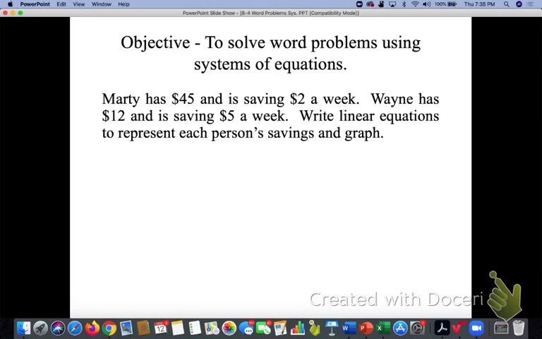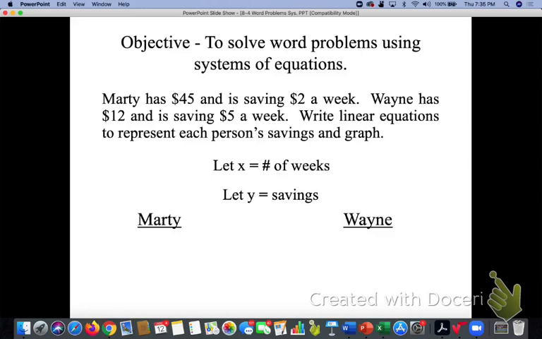So we've got two different equations here. We've got Marty and we have Wayne. And remember, we are going to be writing this in the Y equals mx plus b, or Y equals b plus mx. It doesn't really matter. But really what we're looking for is that savings, because that's what Y represents.